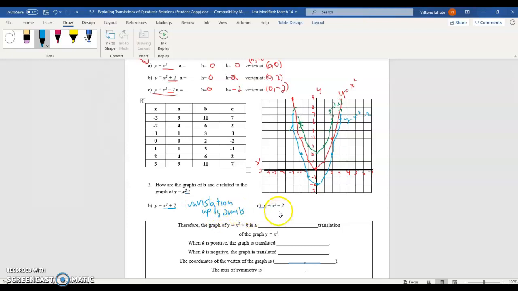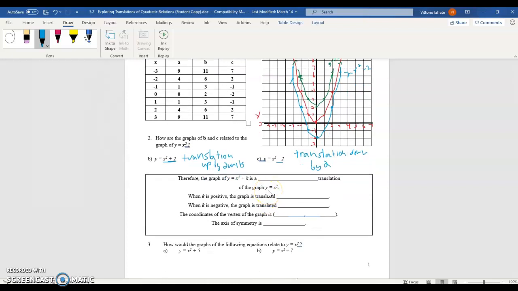And it looks like this one over here, when you have a minus, it's a translation downwards, a downward translation by 2 units.